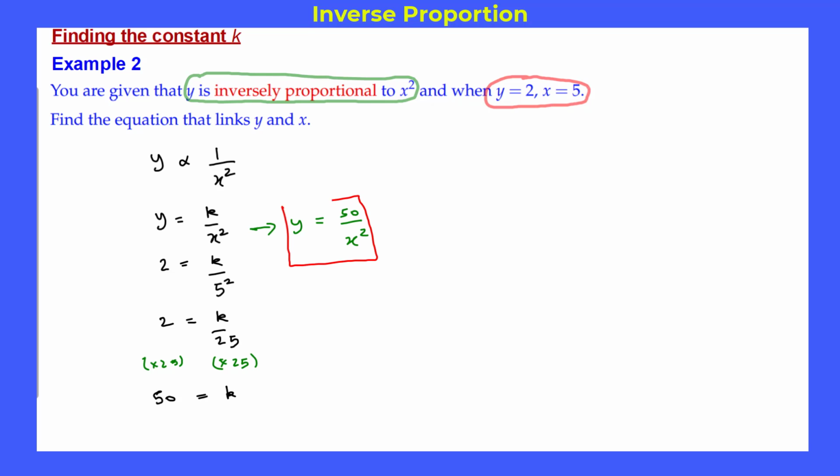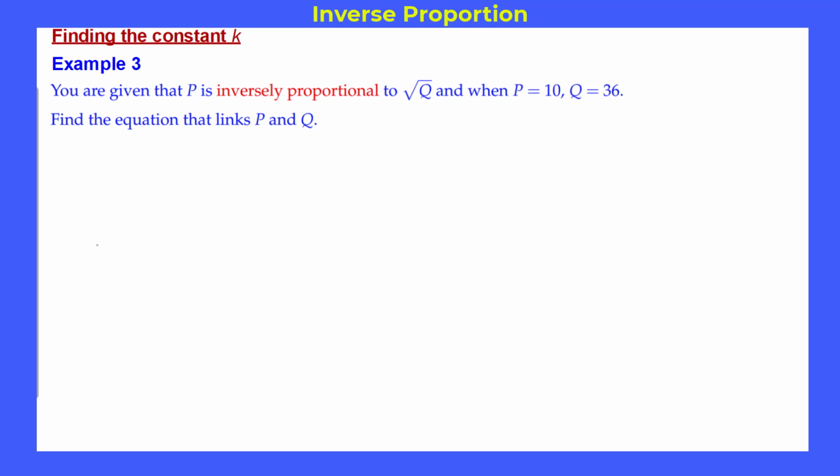And in our final example, this time we're told that p is inversely proportional to the square root of q, and p is 10 when q is 36. So, first thing we do is we write our first statement out, p is proportional to 1 over the square root of q. p equals k over the square root of q. Now we do our substitution.